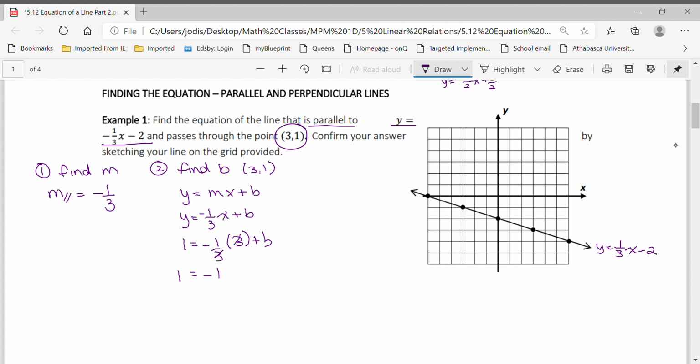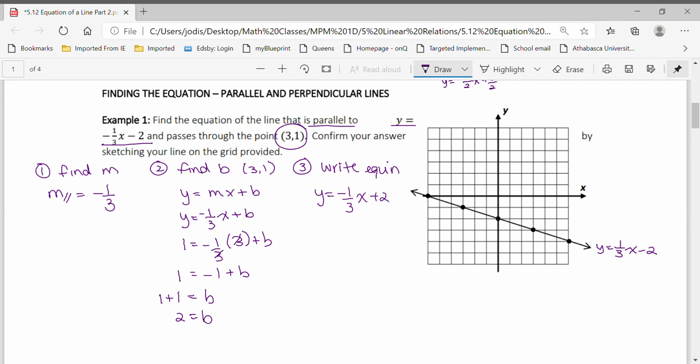Well, these 3's cancel out, and we're left with -1. Move it over, 1 plus 1 is b, so b is 2. And then last, we want to write our equation. So we've got y equals, my slope was -1/3, and then an x, and b was 2.